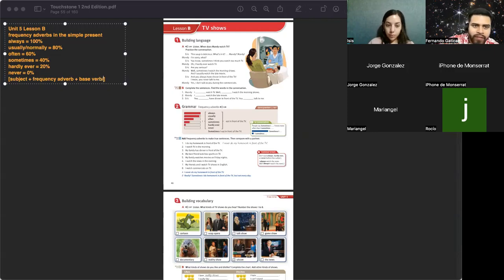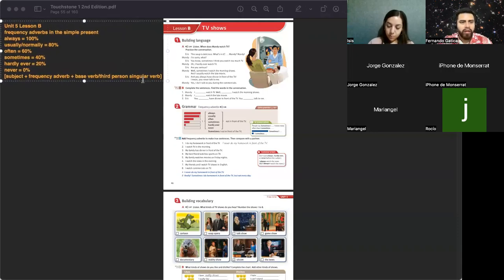Or third person singular verb. Sí, también pueden usar el verbo en tercera persona singular. Por ejemplo, I always cook at night. Siempre cocino por la noche. She always cooks at night. Ella siempre cocina por las noches. I always cook. She always cooks.